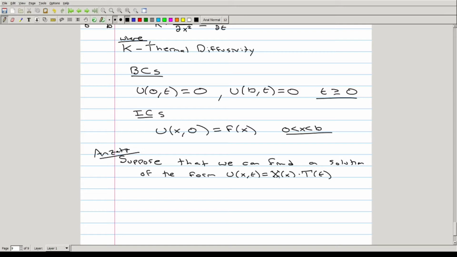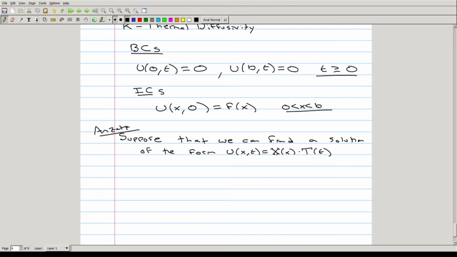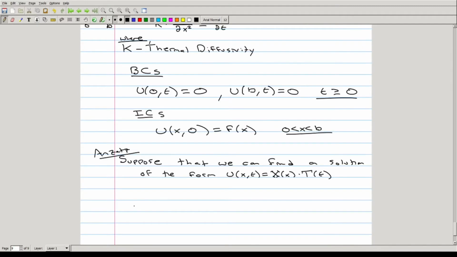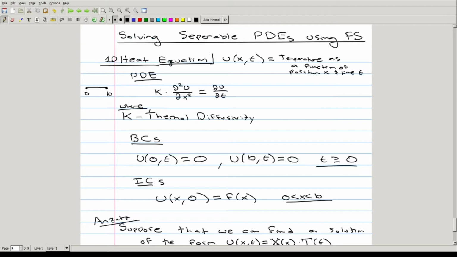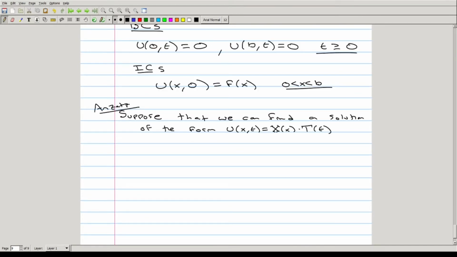And it turns out that if we can find solutions of this form for a linear partial differential equation, we can collect all of the solutions of this form and add them together and get the true general solution to this problem because of the linearity of this partial differential equation right here. So what we're going to do is start by looking for solutions of this form and see what that's going to imply about the solution.